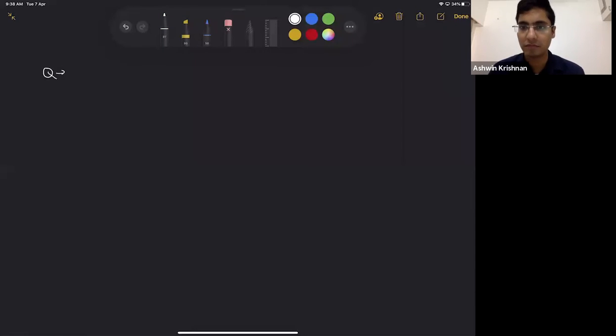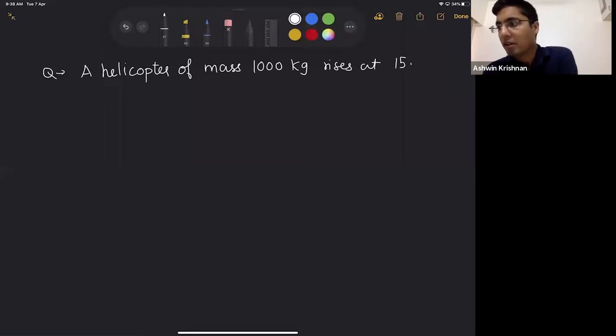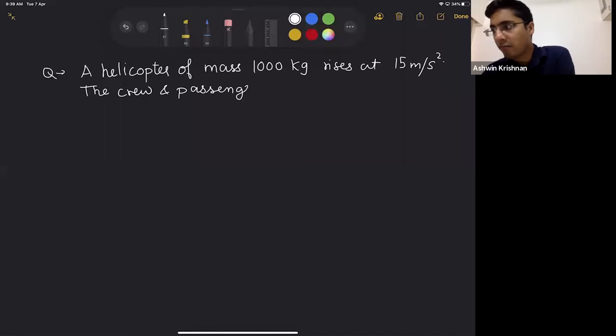Question. A helicopter of mass 1000 kg rises at 15 meters per second square. The crew and passengers weigh 300 kilogram.